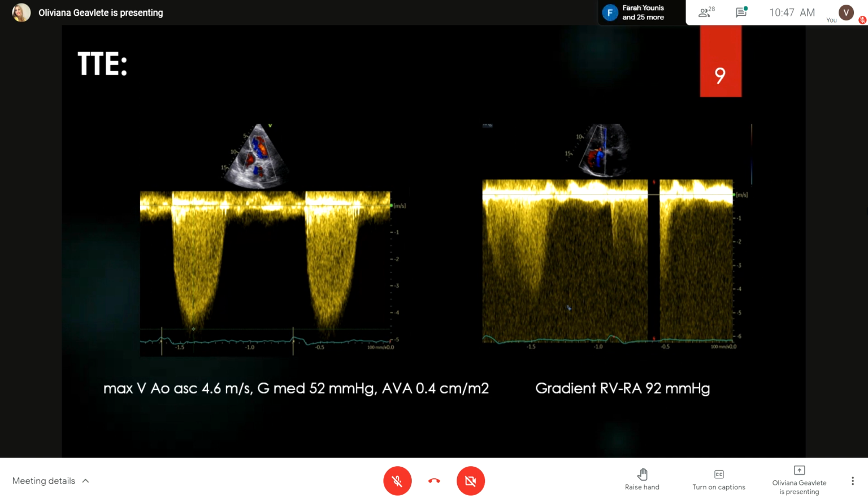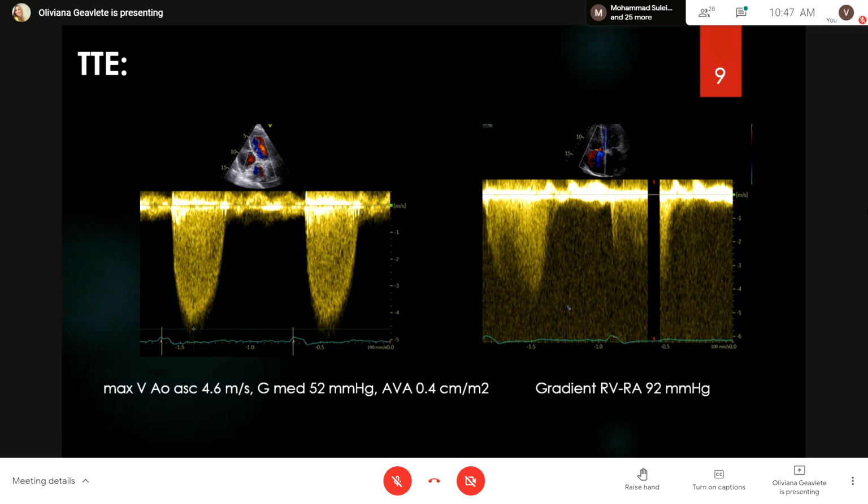It is a severe aortic stenosis. You have the criteria for severe aortic stenosis, and you should know all this for your exam, because the severity of aortic stenosis could be a potential subject in your exam. It is severe.